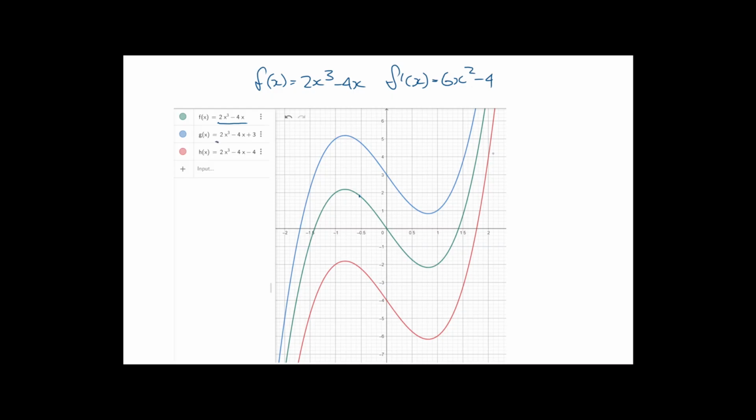If we take this one here and we differentiate it, this is the blue one here. If f of x is 2x cubed minus 4x plus 3, that's a bit of a wonky 3, f dash of x is going to be 6x squared minus 4.